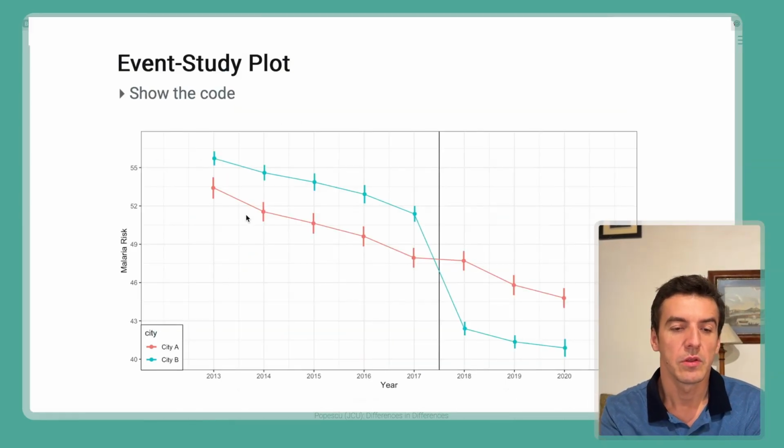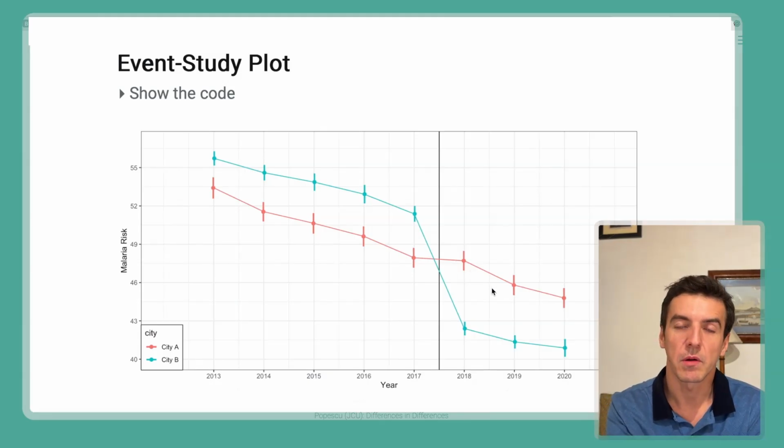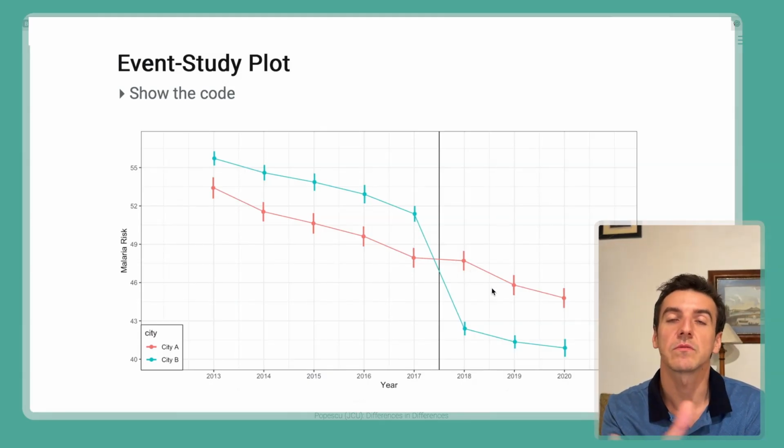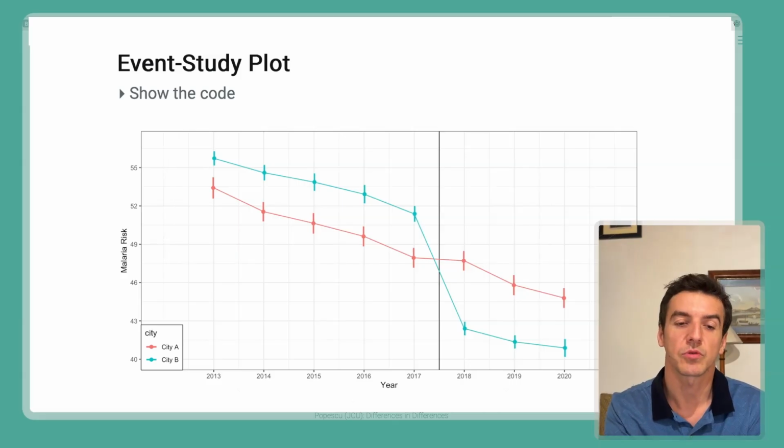So the red line represents the trend for city A. Remember, this is the city that doesn't receive the mosquito net treatment. The green trend is really the trend for city B. Remember, city B is the one that in 2017 receives the mosquito net intervention.